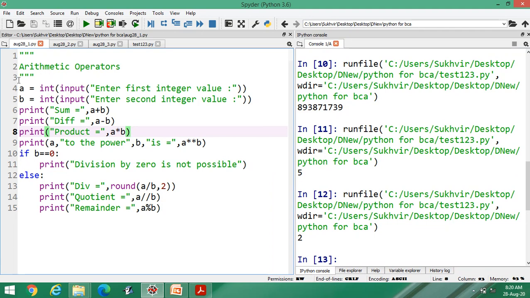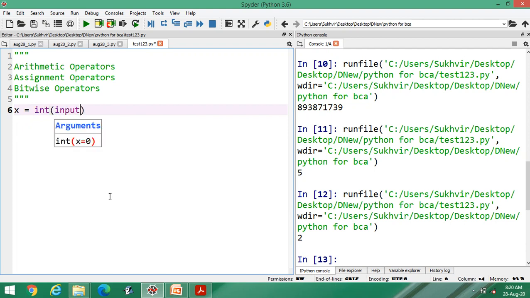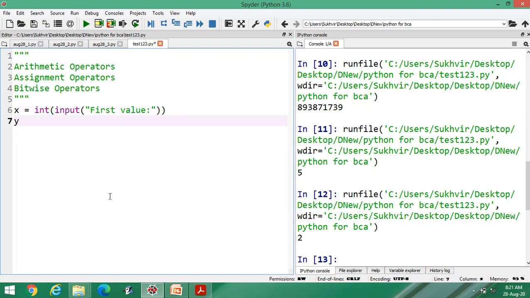Suppose first value is x equal to int input, first value, then y is equal to int input, second value.